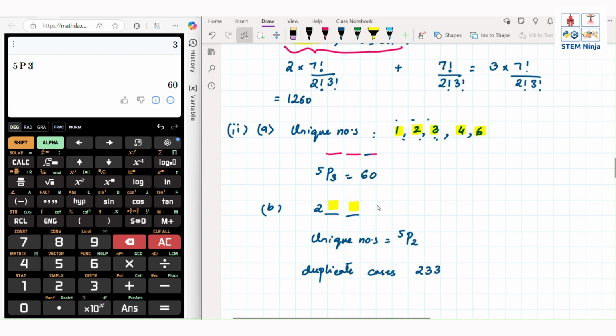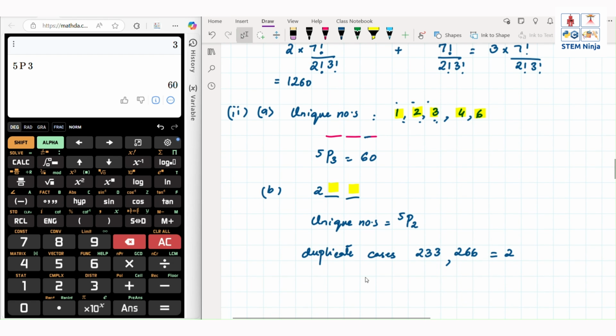However they come, they will be considered as one unique arrangement. Same goes for 6. If you have 6 6, same thing will happen. So this means that we will just need to count these 2 further. So total would be 5P2 plus 2. So 5P2 plus 2, you get 22.